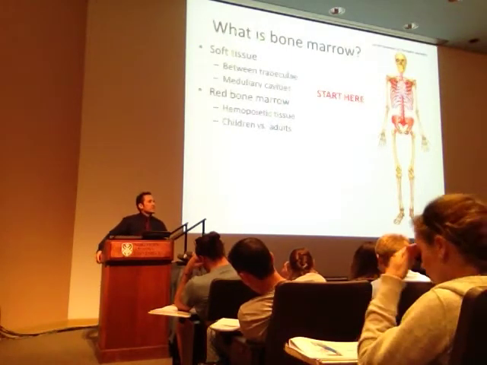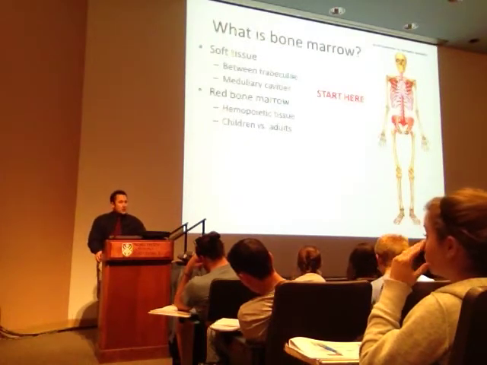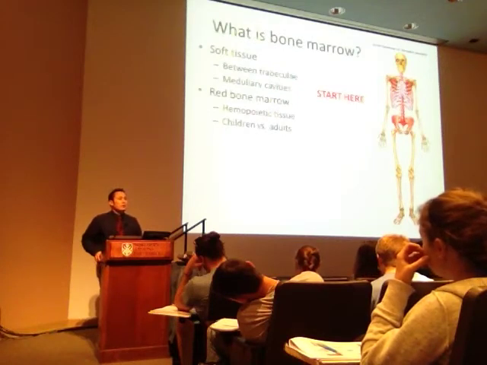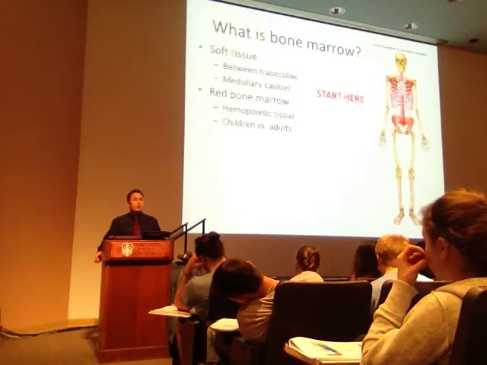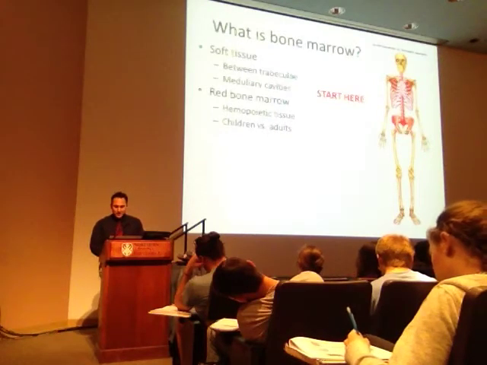We find it in the skull in adults, and on the very proximal ends of the humerus and the femur, so the larger bones of the arm and the leg. So it's not that it goes away completely, it just shrinks in its overall distribution.